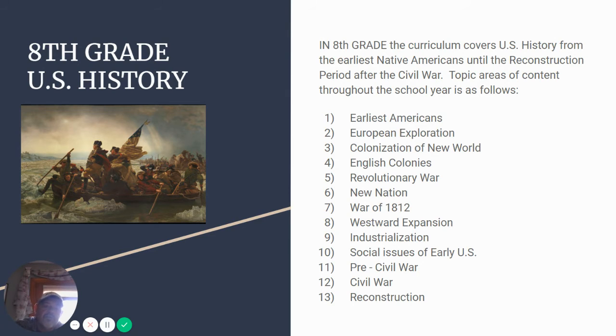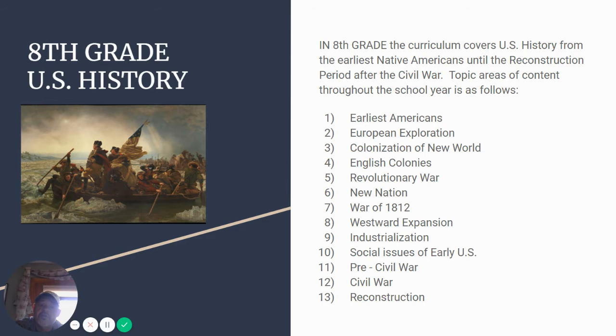After the War of 1812, we'll be continuing to look at Western expansion, not only to the Mississippi, but also the Louisiana Purchase and how we go from the Mississippi River to the Pacific Ocean. Industrialization plays a big role, especially after it gets started in England, rolls into the Americas, and the role in the cities, especially on the East Coast, being industrialized and how it affects the people that are living there.